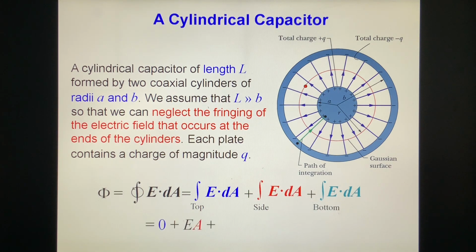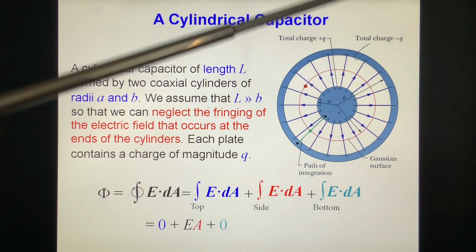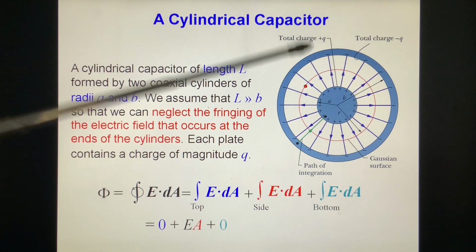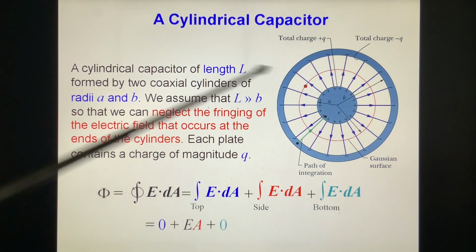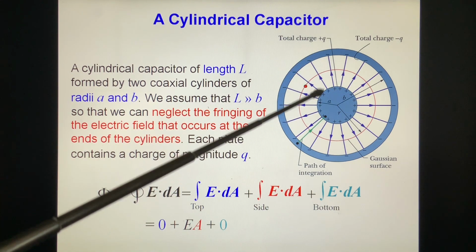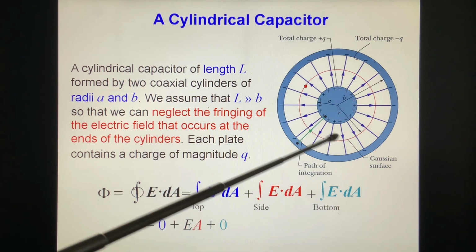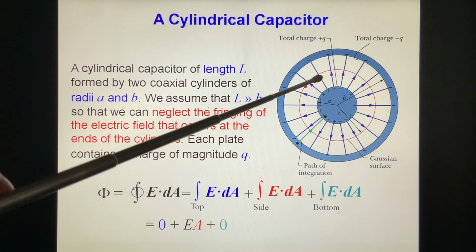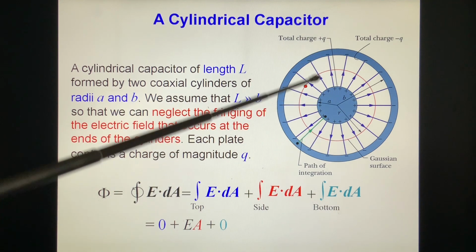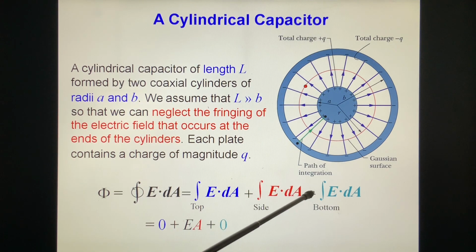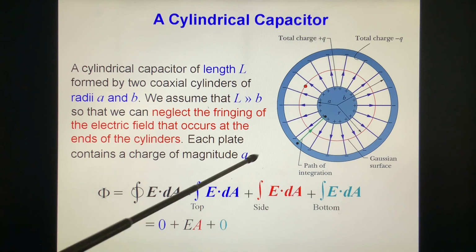We know by symmetry that E is always along the radial direction. So on the top, dA is pointing up, E is perpendicular to this surface, so E dot dA is equal to 0. On the side, dA is along the radius and E is along the radius, so E dot dA equals E dA integrated.